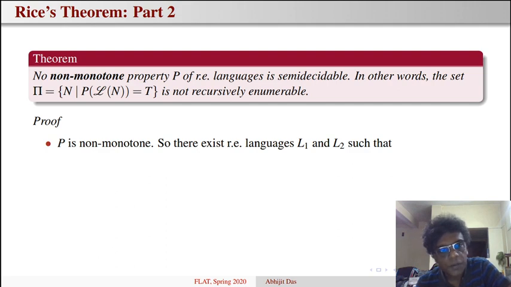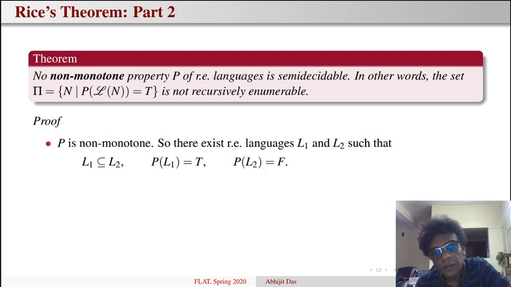This is the first important thing. I first make use of this premise that P is non-monotone. Therefore, there must exist some RE languages L1 and L2 such that L1 is contained in L2, L1 satisfies the property, that is P of L1 is equal to T, but L2 does not satisfy the property P, that is P of L2 is false.